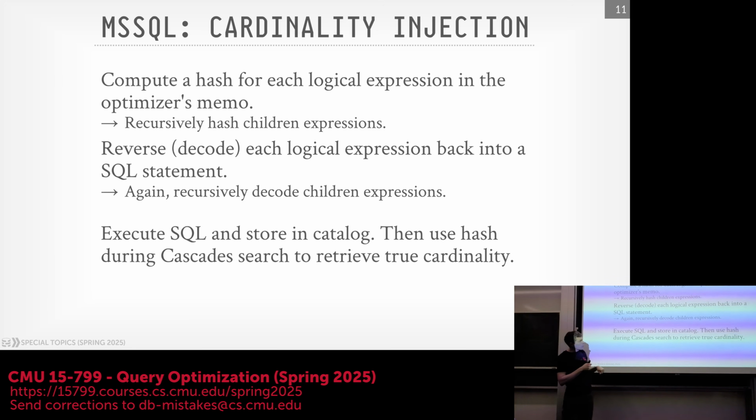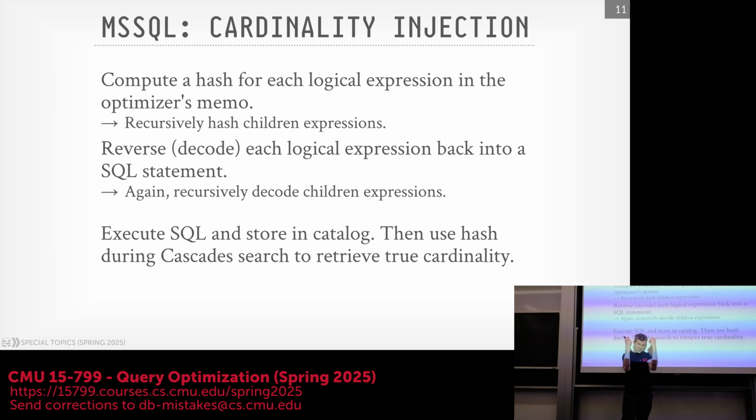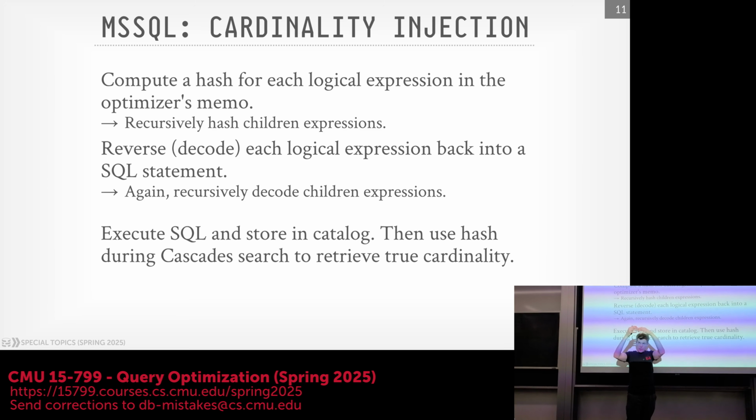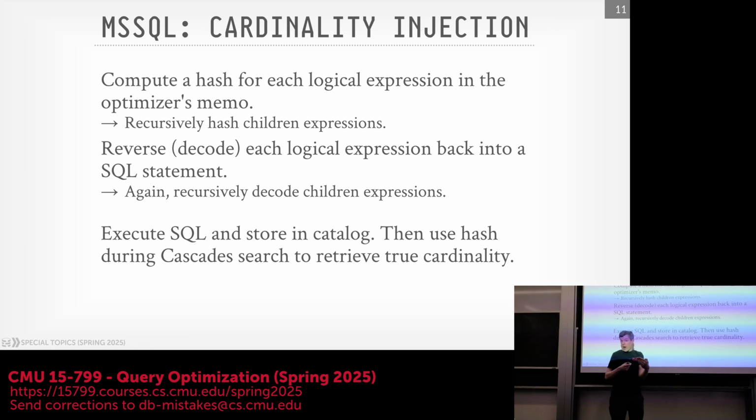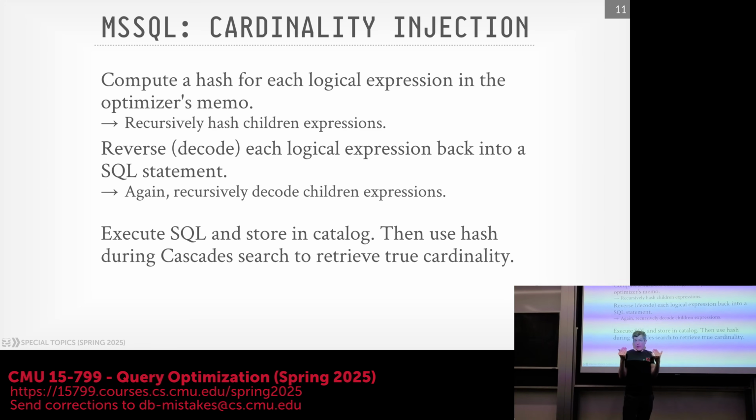And again, you're going to recursively do this. So the way to think about this is, say I have a select query with a join on two tables. I'm going to have a logical expression that represents the root of that join with all its children going down. Then I'll have separate logical expressions for the outer side and the inner side of the join. And for each of those logical expressions, I'm going to generate a SQL query.